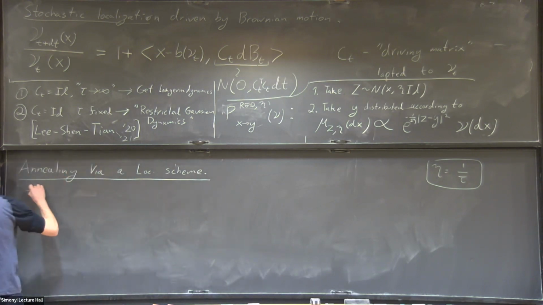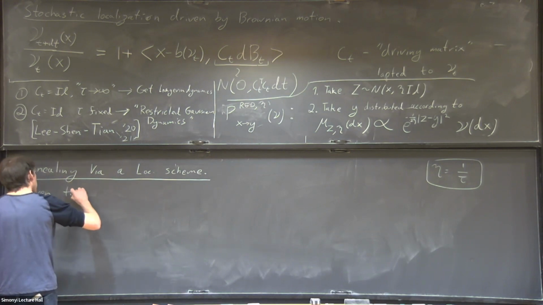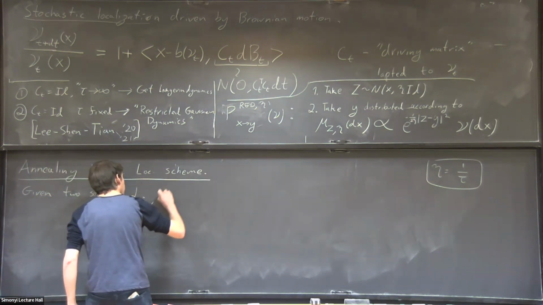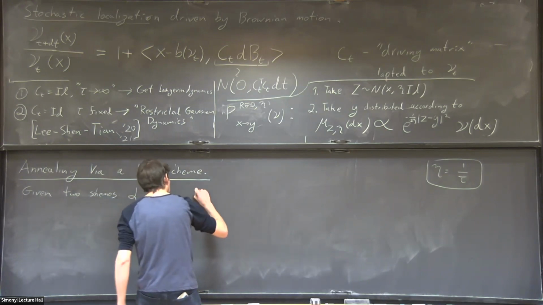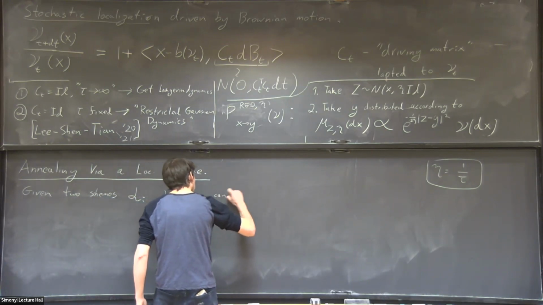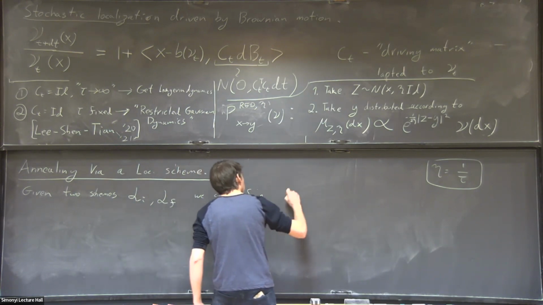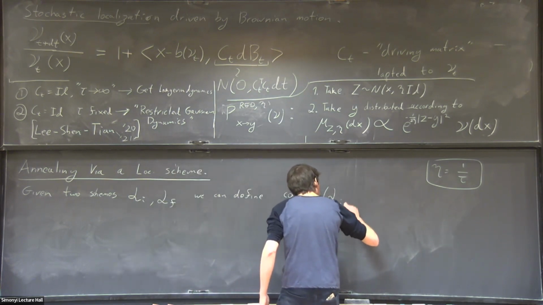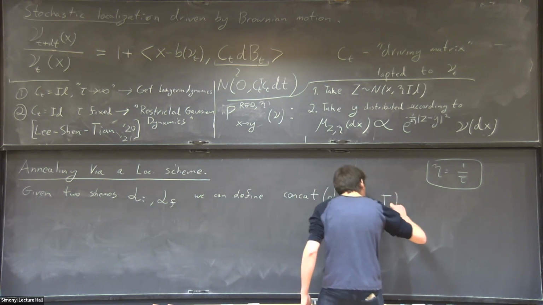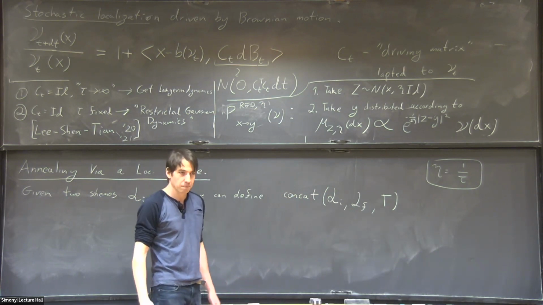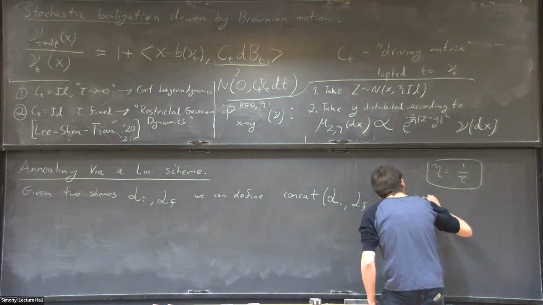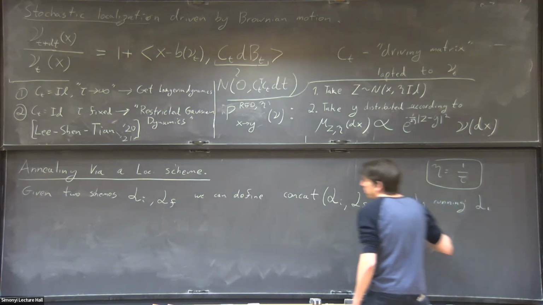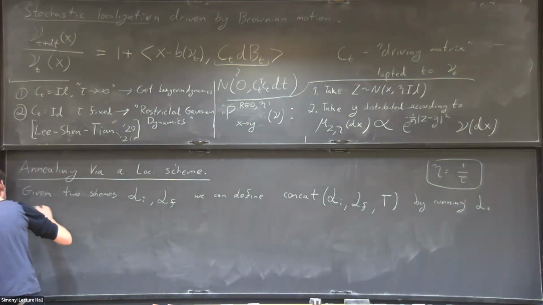So given 2 schemes, L initial and L final, we can define concat of L initial, L final, and some time t in the obvious way, by running Li up to t and then Lf up to time infinity.